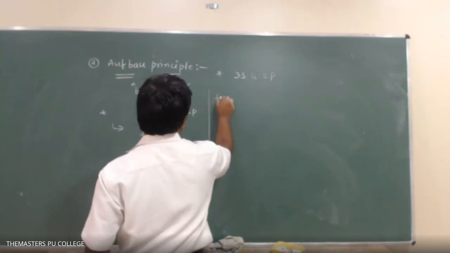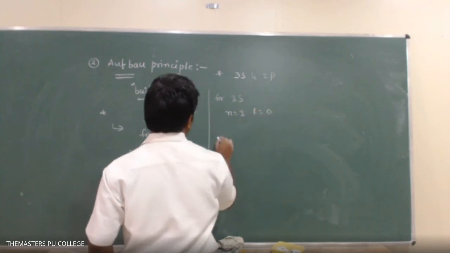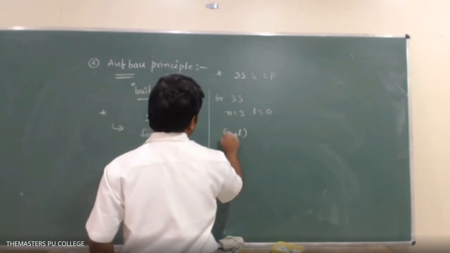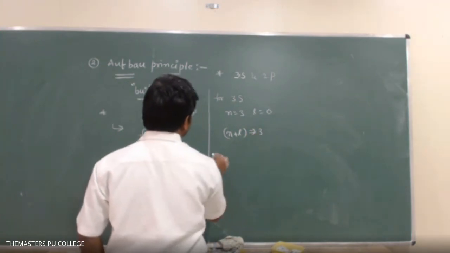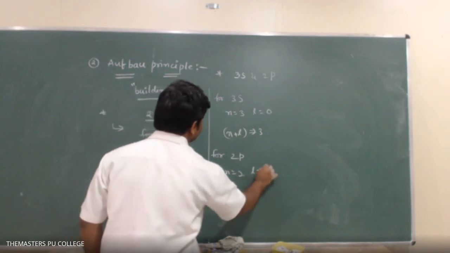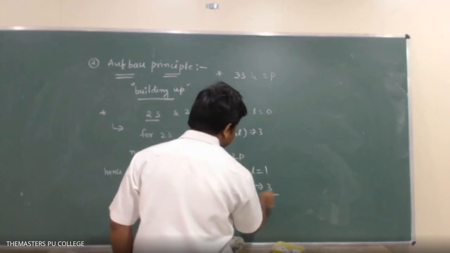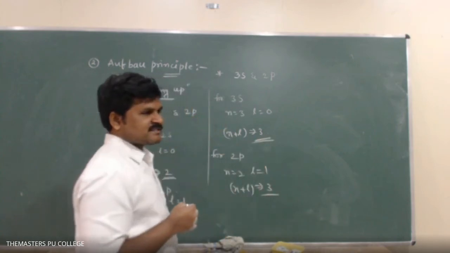For 3s, n is equal to 3, l is equal to 0, so n plus l value is equal to 3. For 2p, n is equal to 2, l is equal to 1, so n plus l value is equal to 3. Here also the n plus l value is the same.